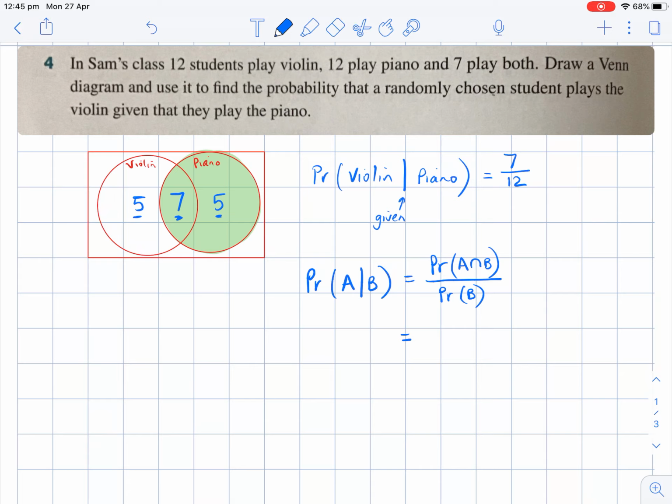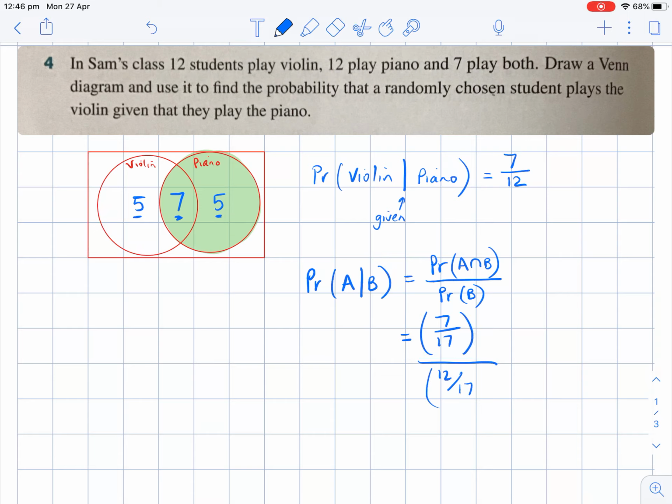So the probability of A and B is 7 out of the 17 students, divided by the probability that they play piano. Well, that's 12 out of 17 students.